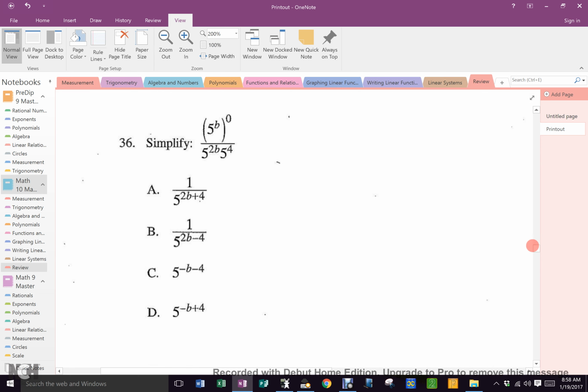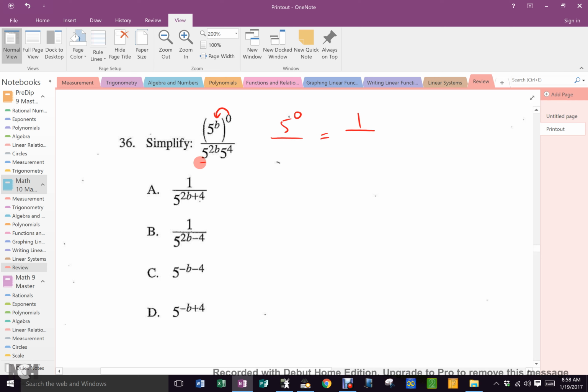What the hell? A variable in the exponent? What are you doing, Myers? You're on crack. No, it's not. What would you do with any exponent outside a bracket? It goes in here and it multiplies, yes? What is 0 times b? 0 times b is 0. And then what is 5 to the 0? 1. So the top is 1.